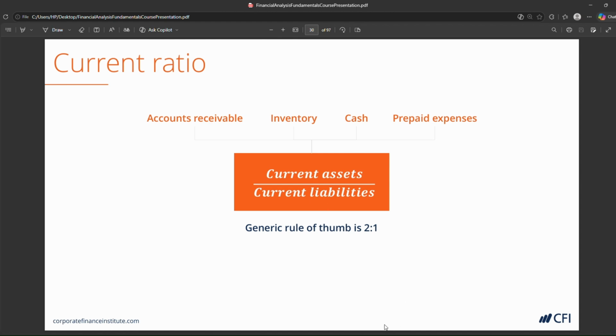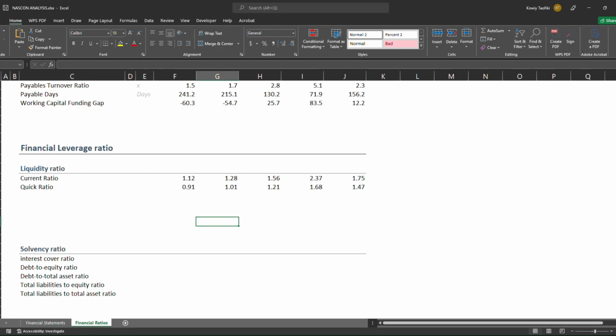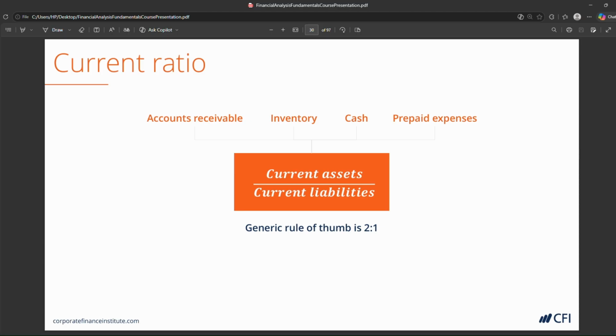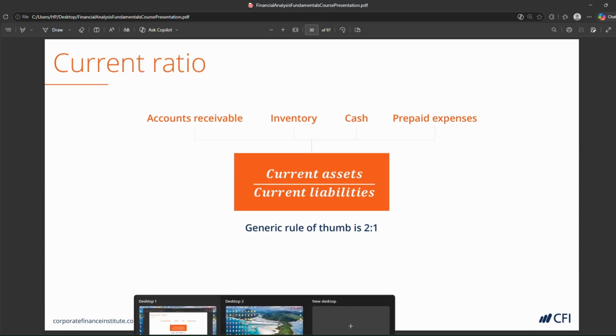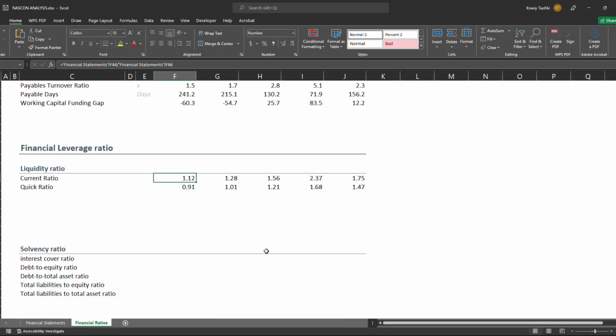So we've done the interpretation of that. So we can just look at this. If we are looking at the thumb rule for current ratio, we can see it's saying 2 to 1. So if we want to follow the thumb rule, basically, for 2021 to 2022, 2023, the company is not really doing its best to take care of its liabilities, but approximately this is kind of 2 to 1.